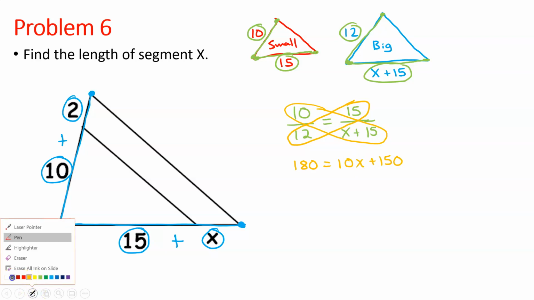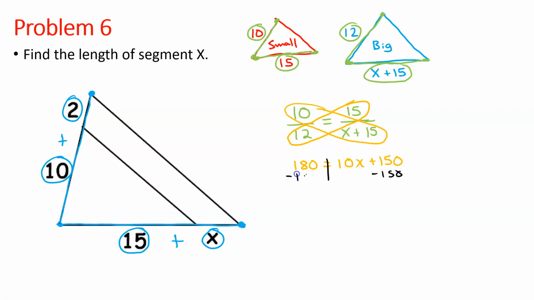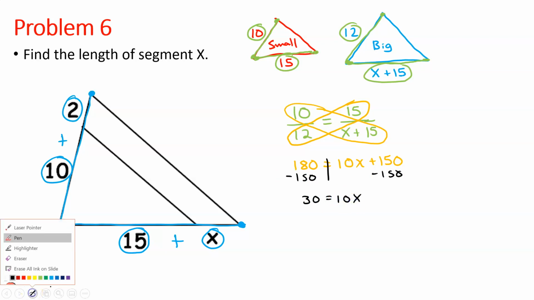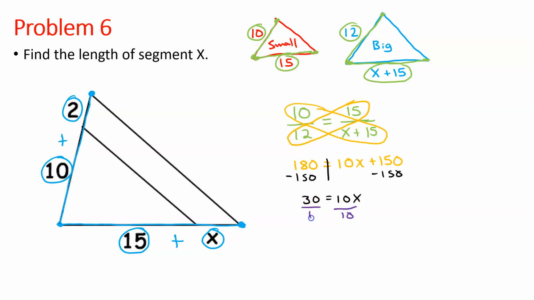If we subtract 150 from both sides, we get 30 is equal to 10x. Then if we divide both sides by 10, 30 divided by 10 is 3. All right, 3 is equal to x. And that's the distance that I was looking for.